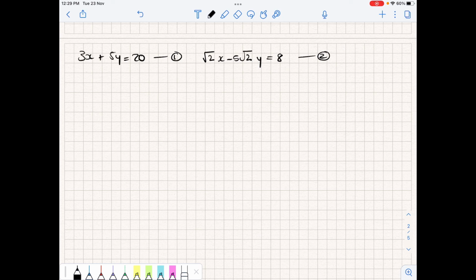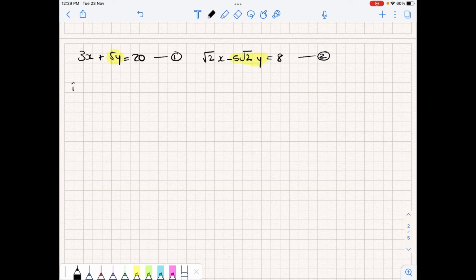Now, if we have simultaneous equations with surds, what we'll try to do is, if we're able to isolate one of the variables, we can do that. Alternatively, we can look at trying to make one of the two variables the same. So here I have 5y and here I have 5 square root y.